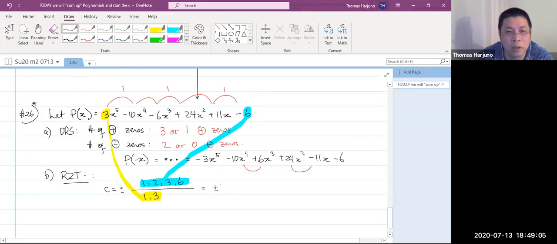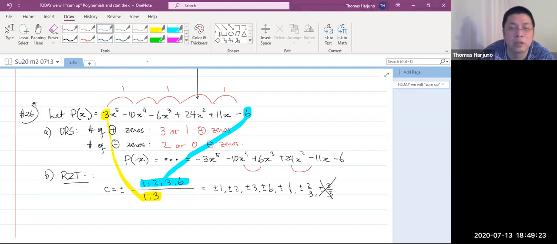This will be plus minus 1, plus minus 2, plus minus 3, plus minus 6, plus minus 1/3, plus minus 2/3, plus minus 3/3 is basically 1, so I don't want to count it anymore. It's the same as this one.